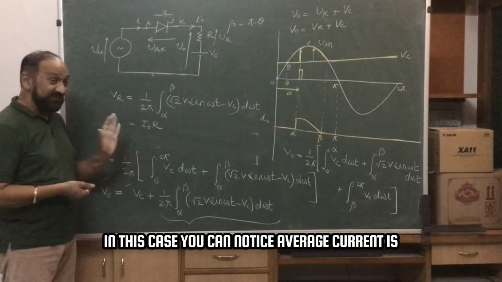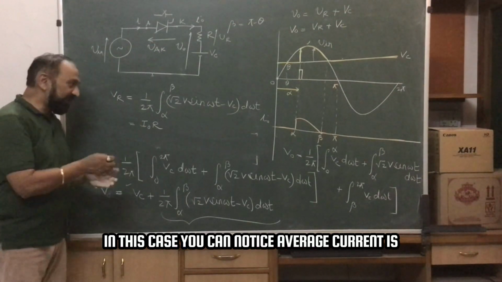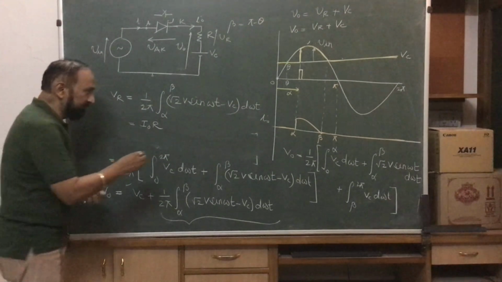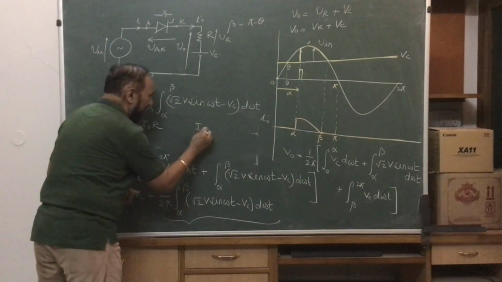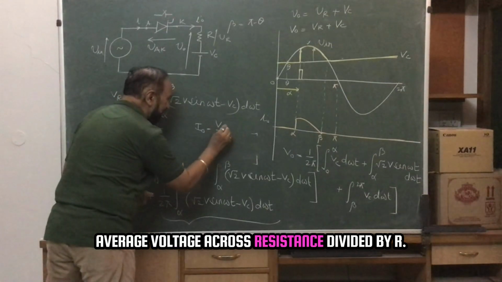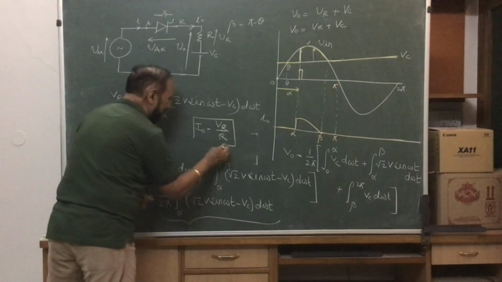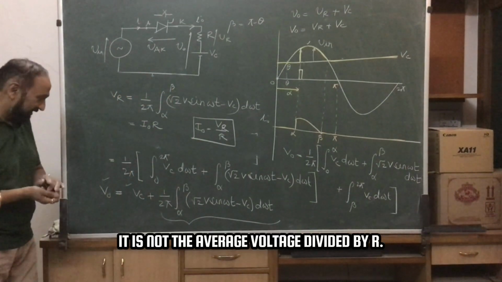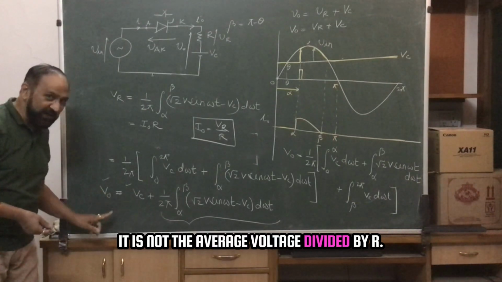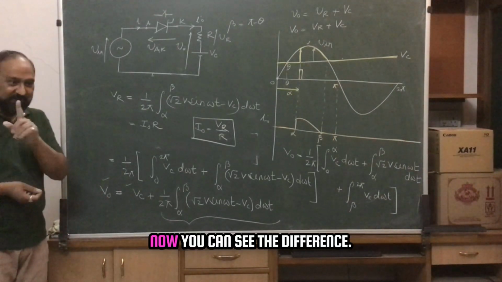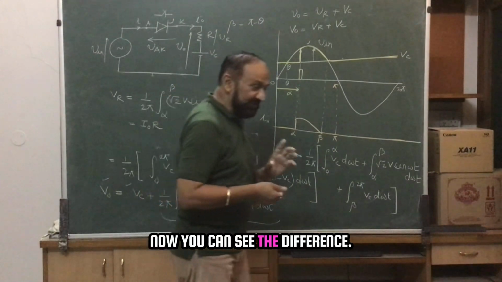In this case you can notice the average current is the average voltage across the resistance divided by R. It is not the average output voltage divided by R. Now you can see the difference.